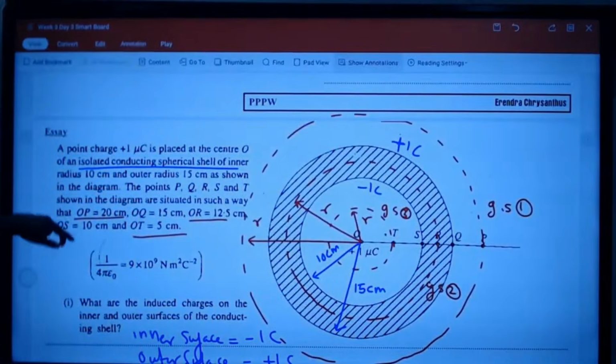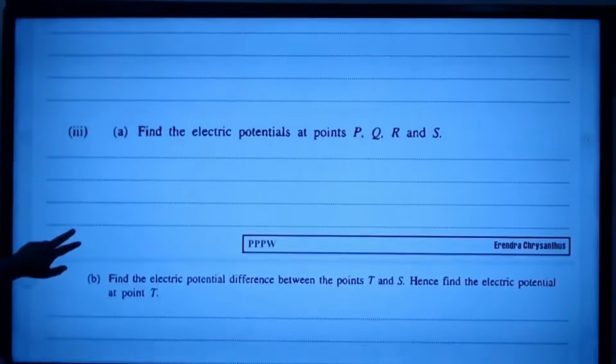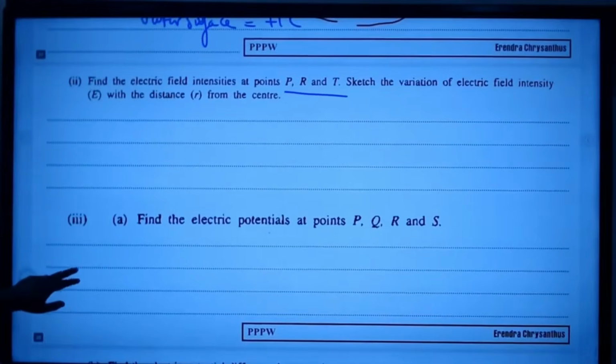So we are doing a lot of work there. Electric potentials.